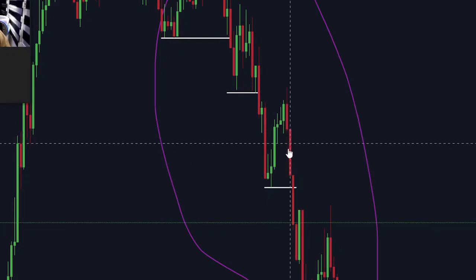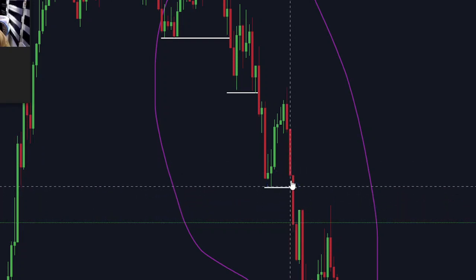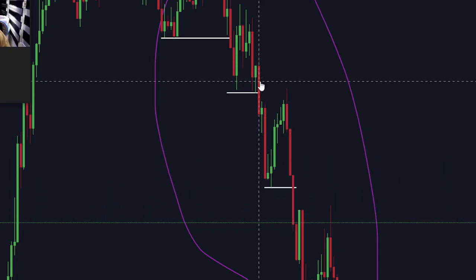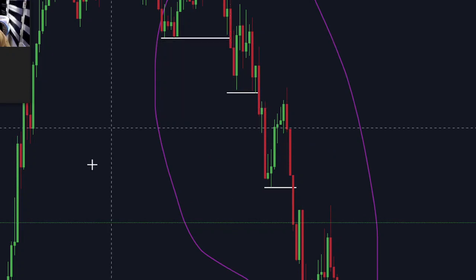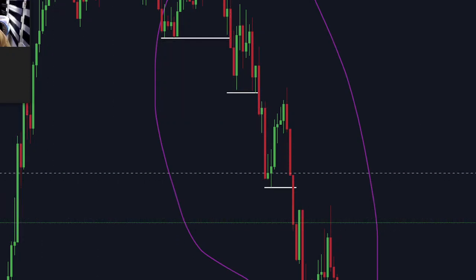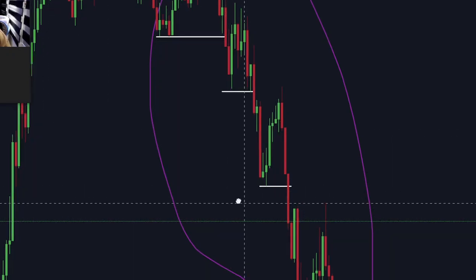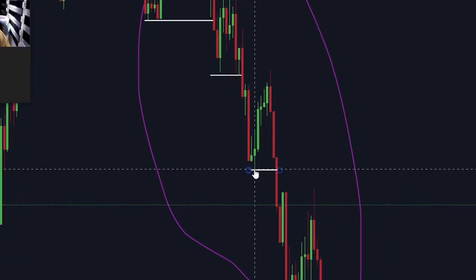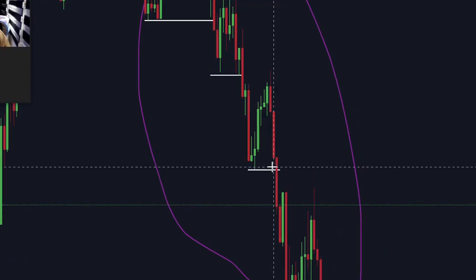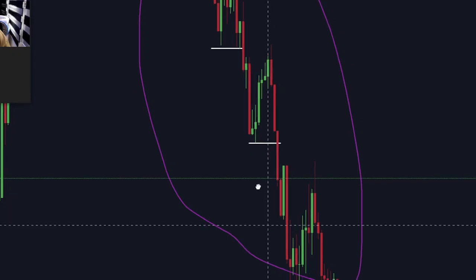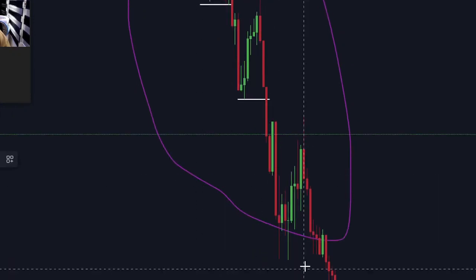So these are the type of candles that I tell you are institutional candles. This type of candles are institutions dropping the price. You could see that it's breaking structure to the downside.